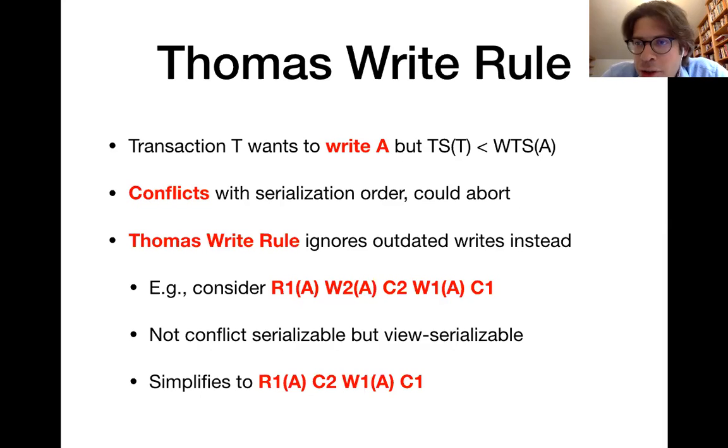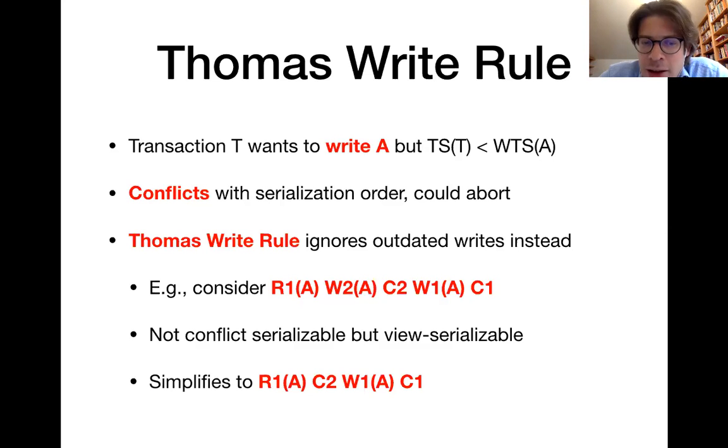So essentially, we can just act as if that write operation had never happened. So we don't necessarily have to abort the transaction trying to do the write. And that is what the Thomas write rule essentially states. It states that we can ignore outdated writes and don't even need to abort the transaction causing it.